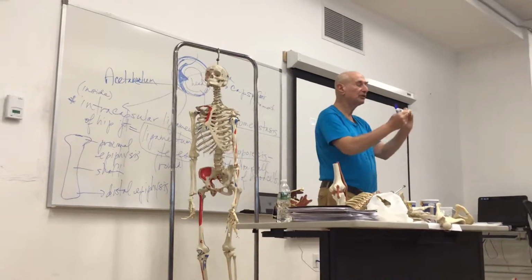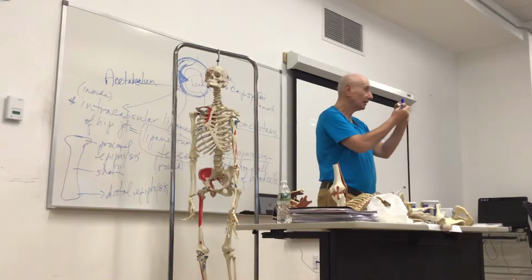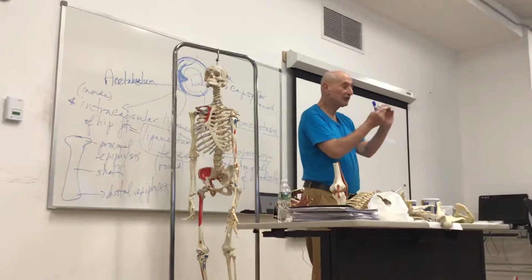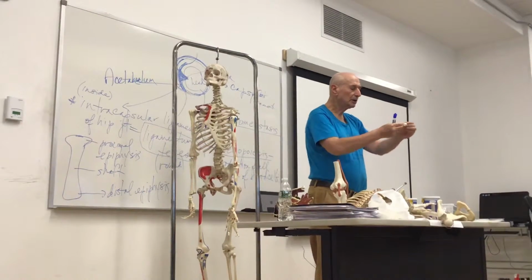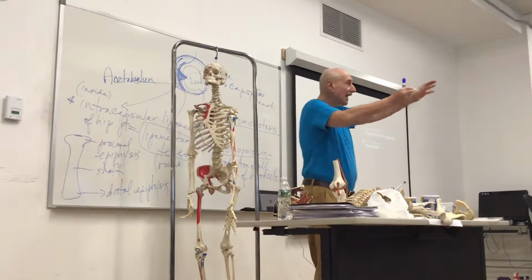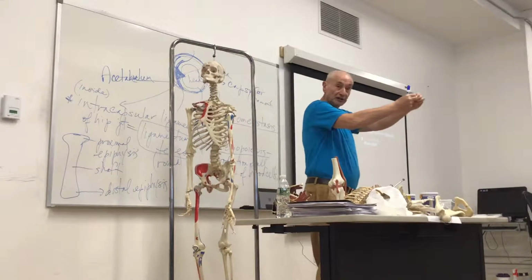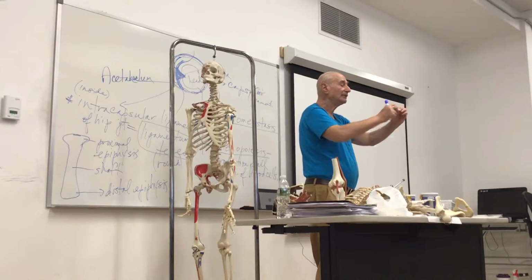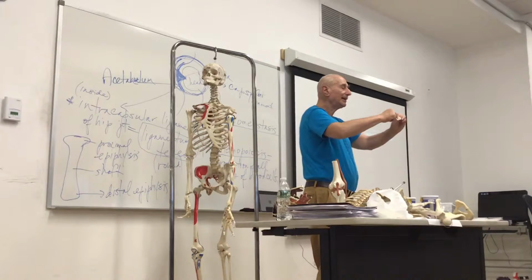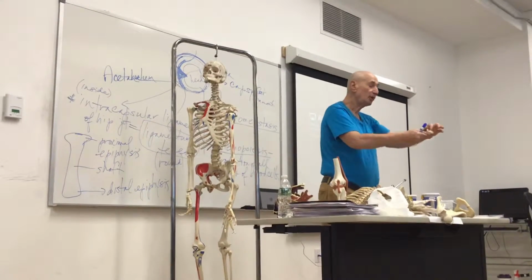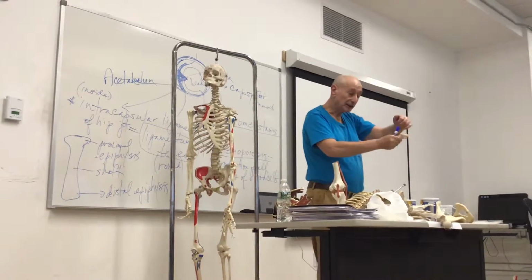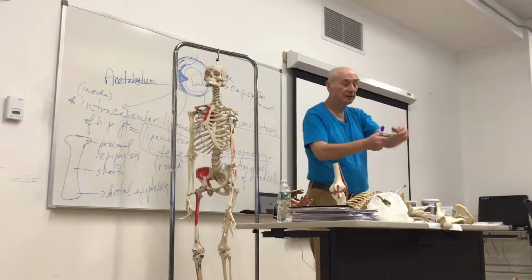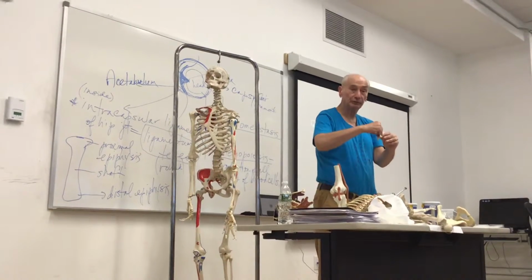What's the most posterior and palpable feature? Good, spinous process. Now, these are a little shorter, but what's the most lateral? Transverse processes. Okay. And then what's the giant foramen in a vertebra called? In each vertebra, the giant foramen in the center is the vertebral foramen.